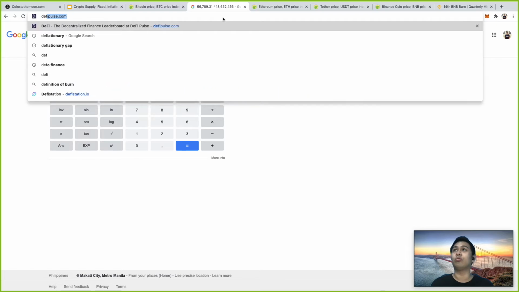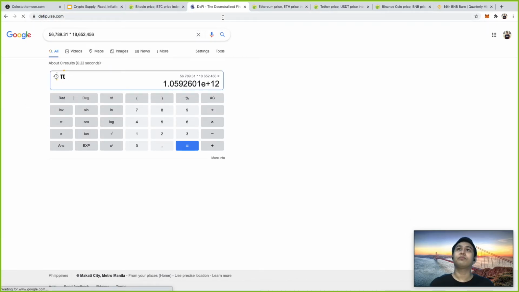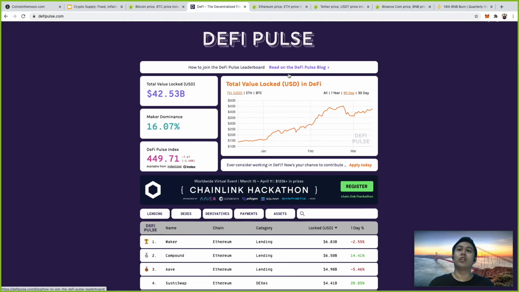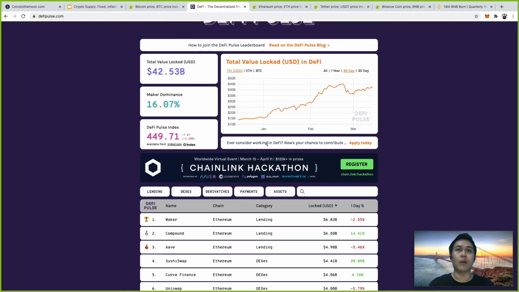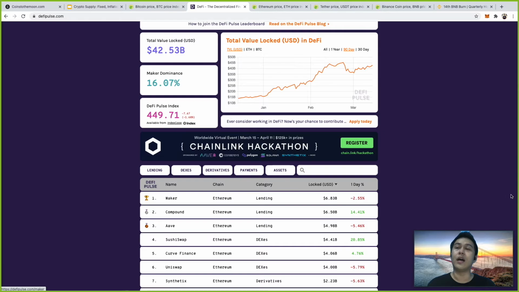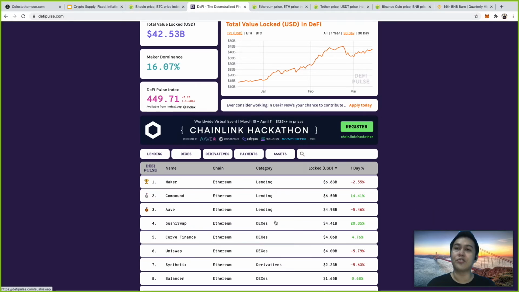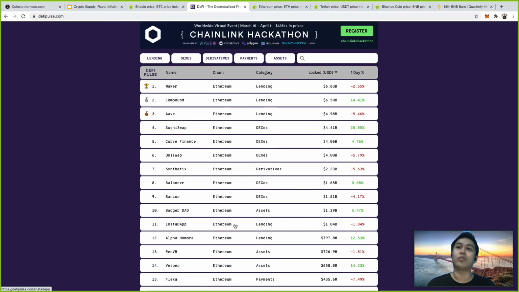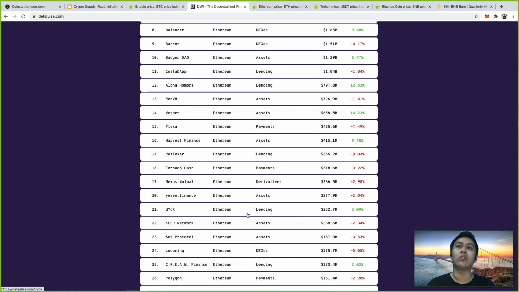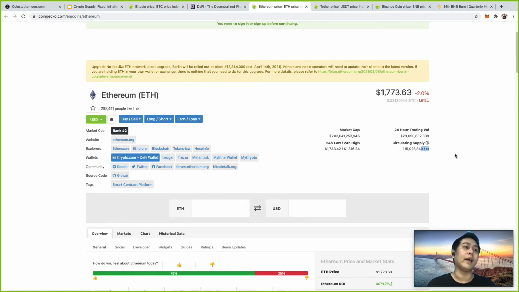So if you go to DeFi Pulse, there are so many projects that run on top of Ethereum, such as MakerDAO, Compound, Aave, SushiSwap, Curve Finance, Uniswap, Synthetics, and a lot more. So that's the reason why, even though it has an unlimited supply, so many people are trading it, so many people are using it or holding it. The coin is pumping really hard.